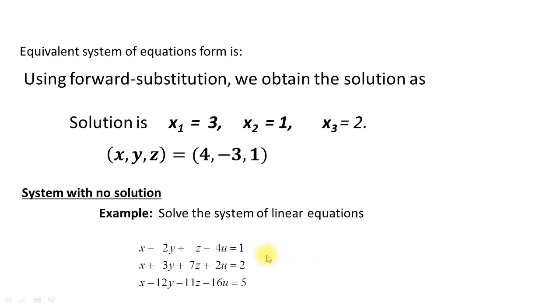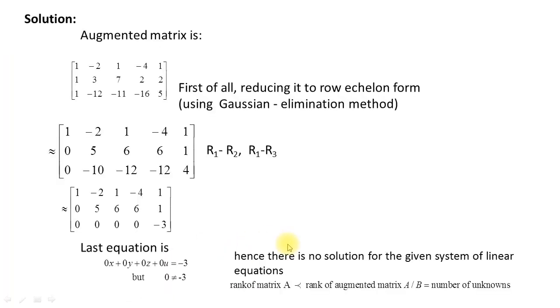To solve this system by the Gauss-Jordan elimination method, first of all we work up to echelon form. Working up to echelon form means first of all using the Gaussian elimination method, which converts the augmented matrix of this system to echelon form.